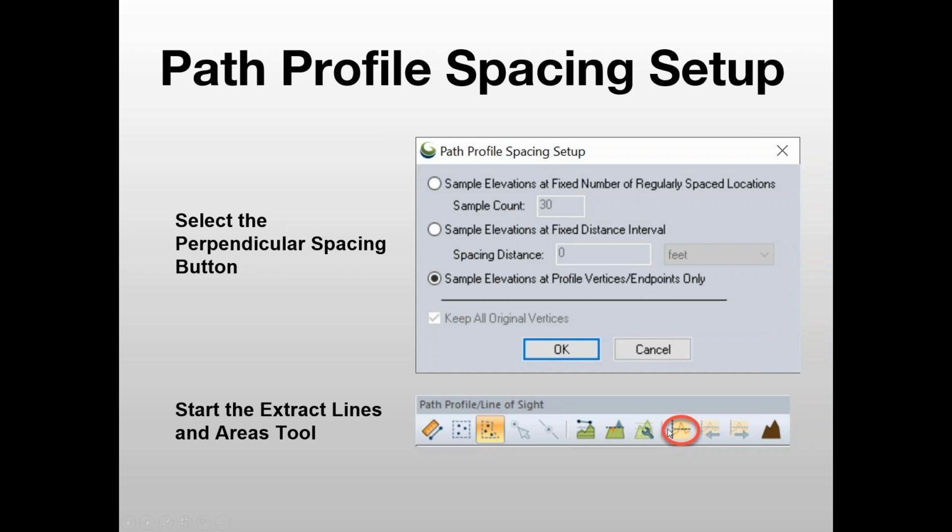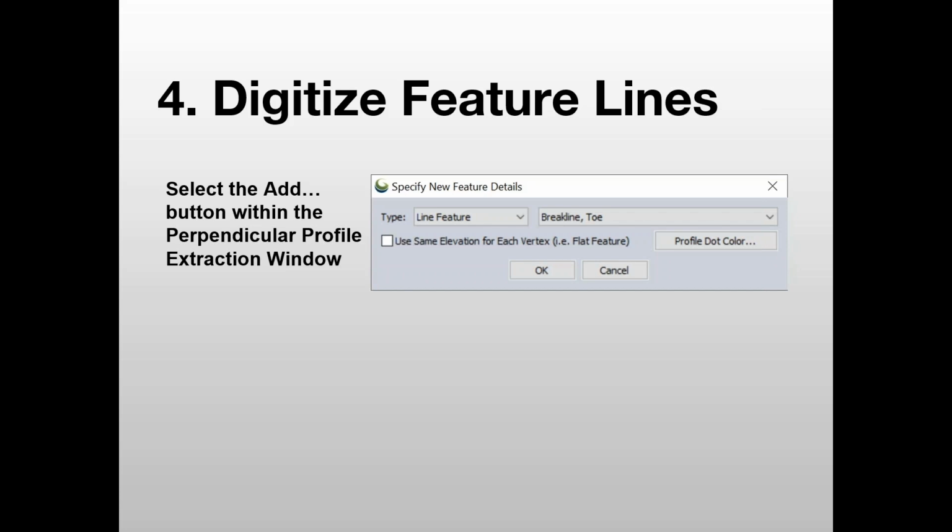And as you can see in the bottom, we're looking at the tool that's required to actually extract the lines from the point cloud. So we're going to select the Add button within the perpendicular profile extraction window, and in the process that we're using, we're using line features in lieu of area features.